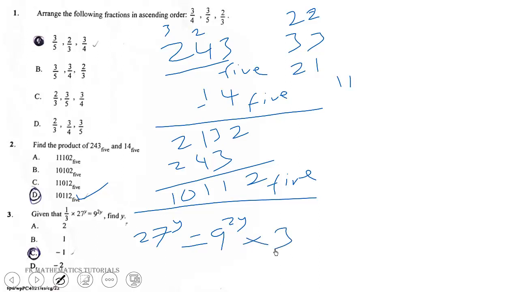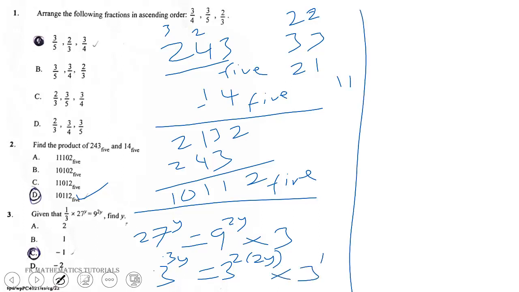So this will give you 3 exponent 3y is equal to 9. 9 is the same as 3 exponent 2. Already we have 2y there, then times 3 exponent 1. So this will give us 3 exponent 3y is equal to 3 exponent 4y plus 1.